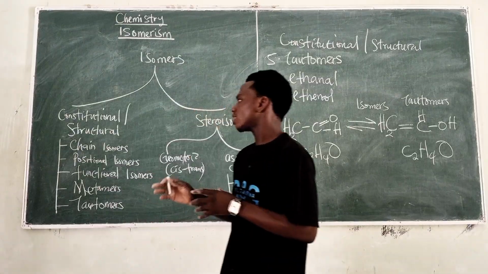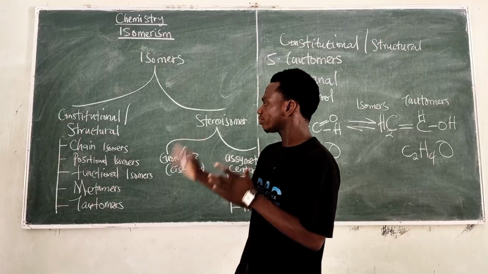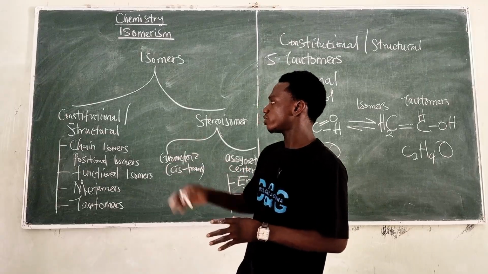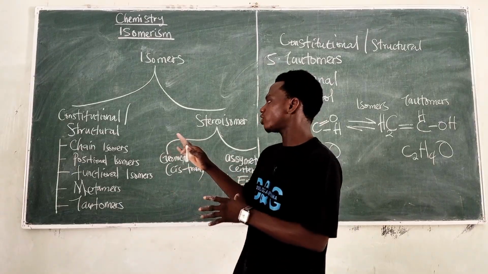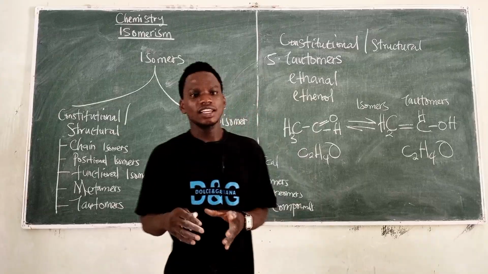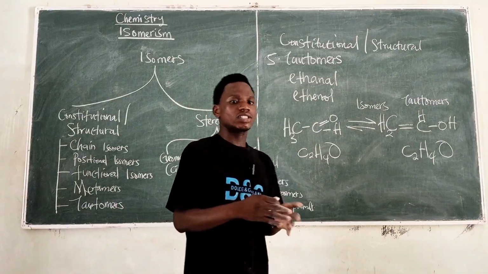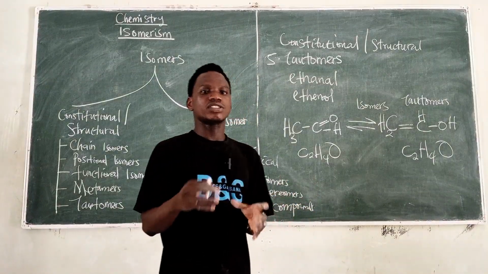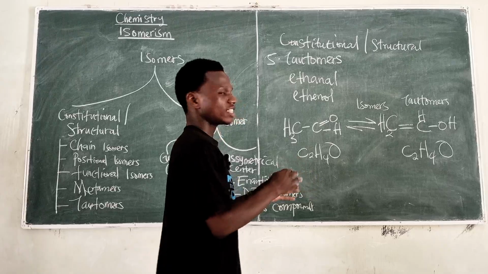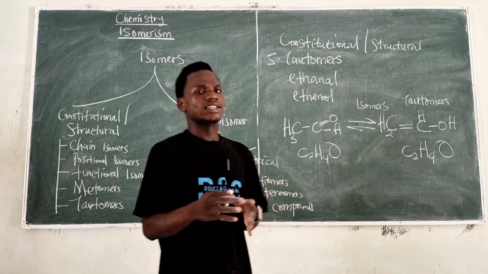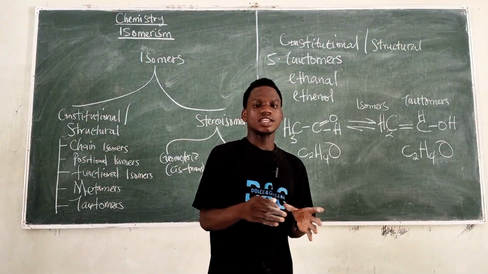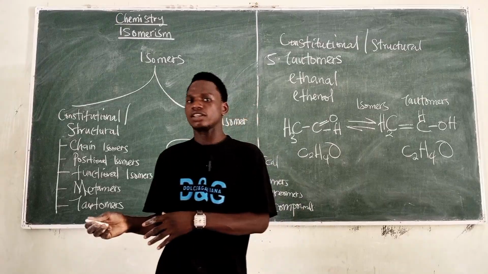We said that we have 5 types of constitutional or structural isomers. We have chain isomers, which are compounds with the same molecular formula but different carbon skeletal chain, and we looked at an example between n-butane and isobutane.